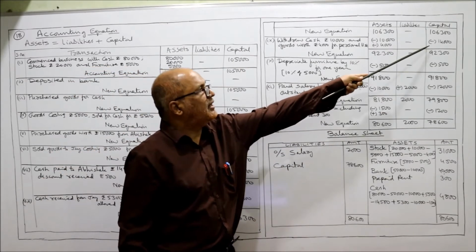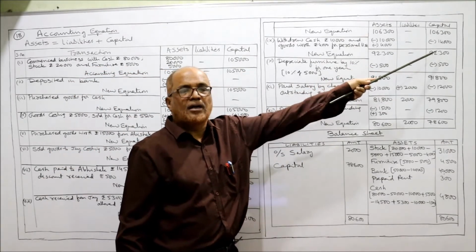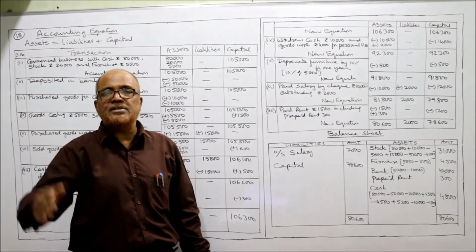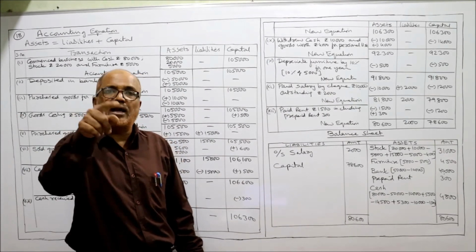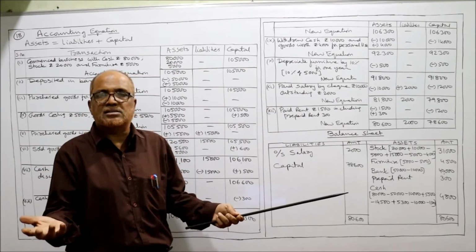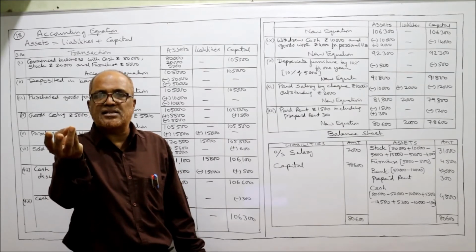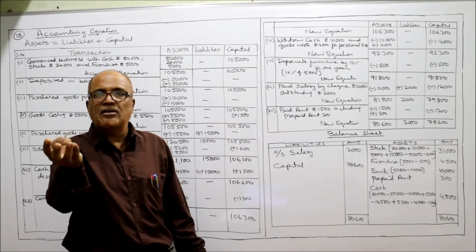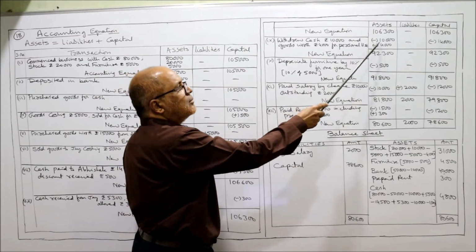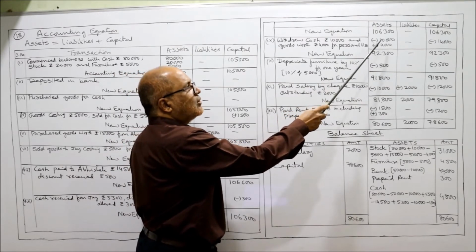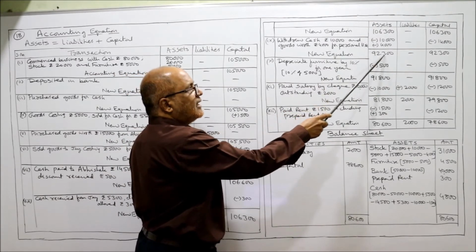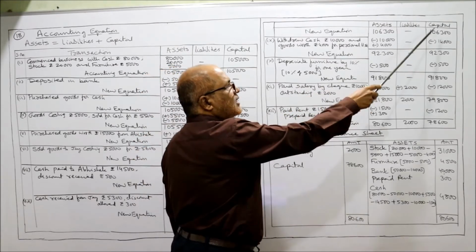Now, what is going out of the business? Cash and goods are going out. Both are assets. So deduct minus 10,000, minus 4,000. So total 92,300 assets, 92,300 capital.